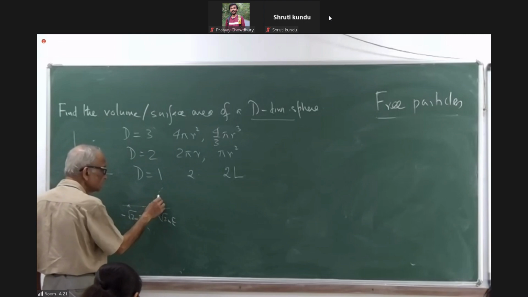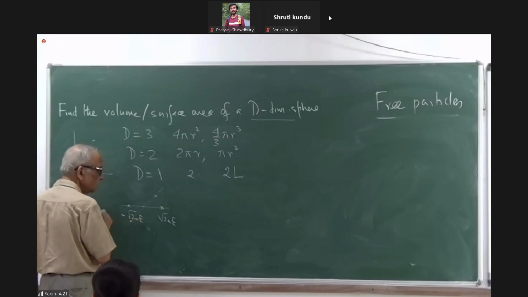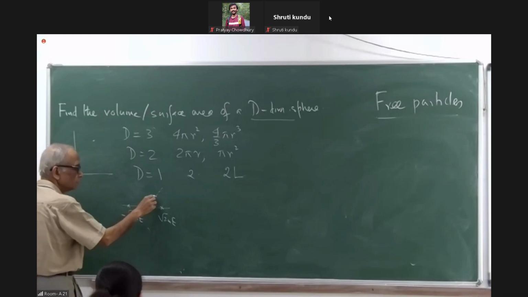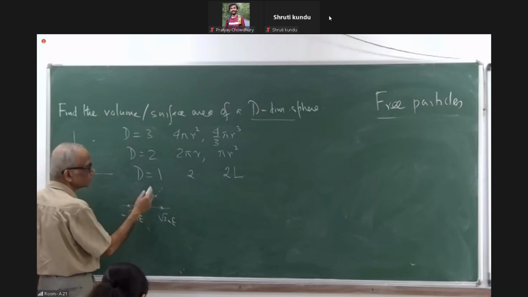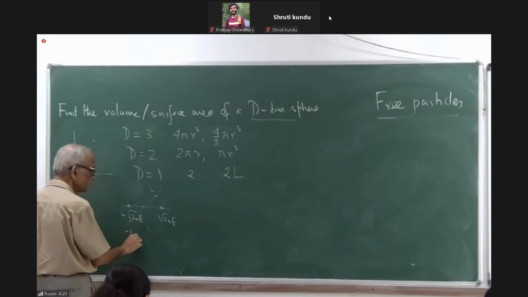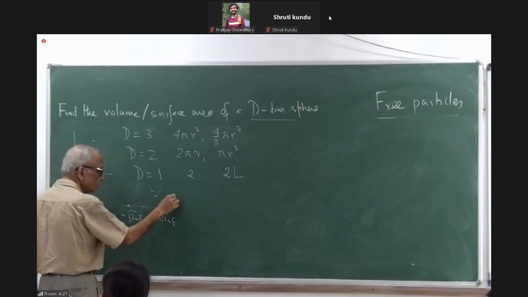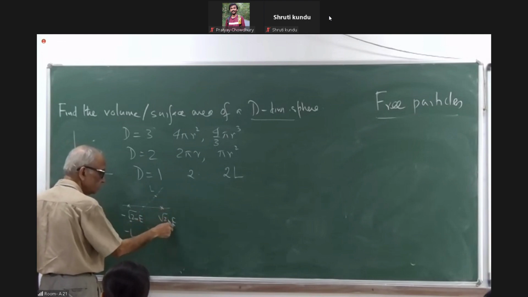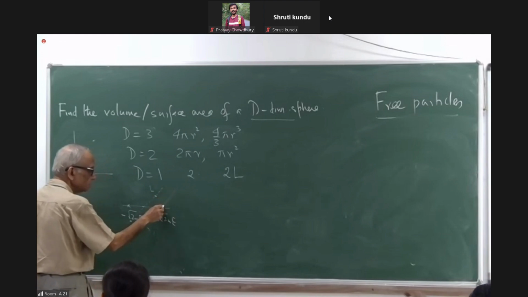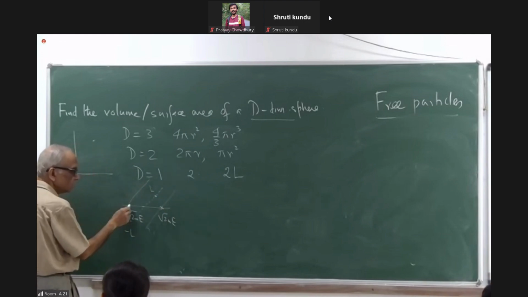In x, it is all the way between plus L and minus L, or 0 to L, whatever. So if it is L to minus L, then it can go there. There's a line over here, and there is a line over here.